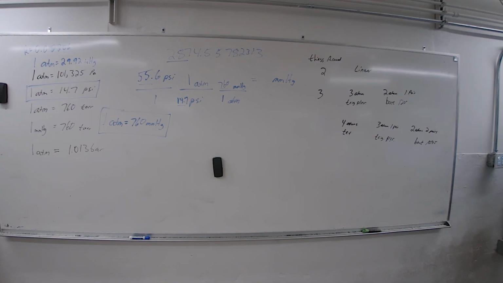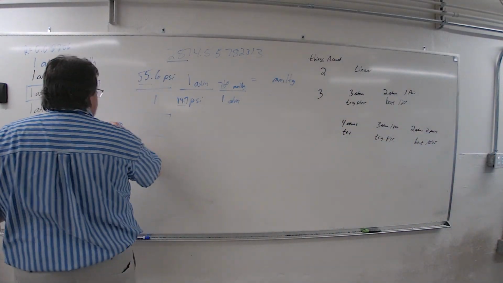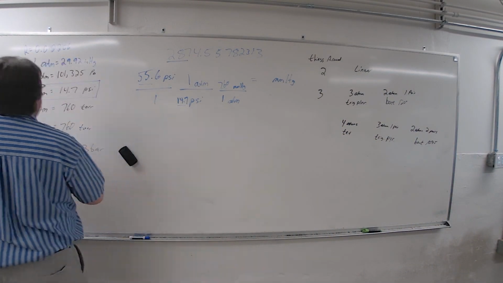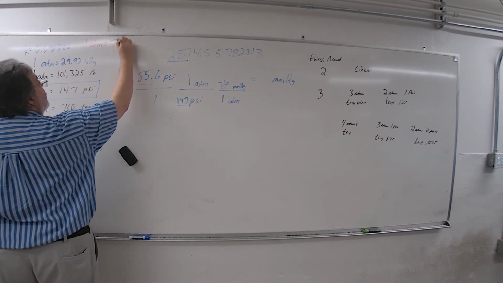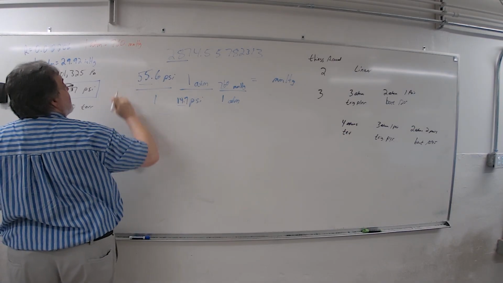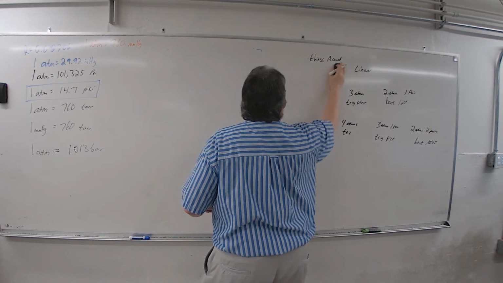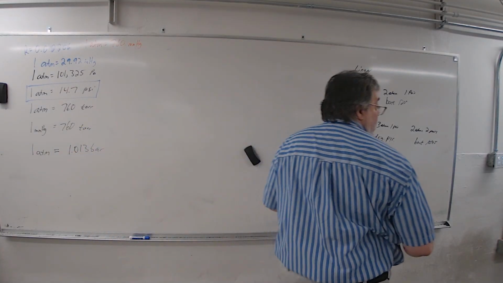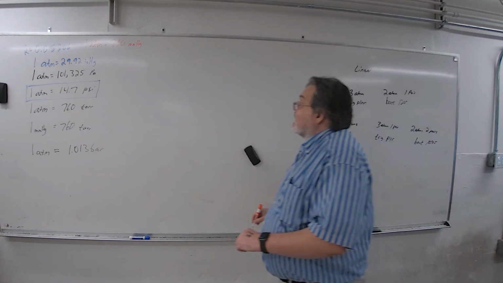Pascals to torr. So convert 1.25 pascals.